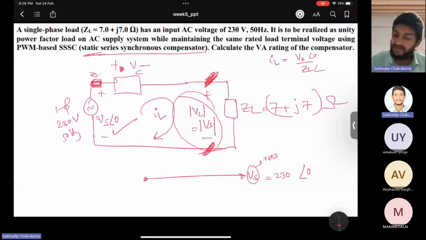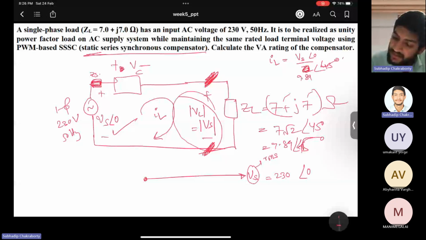Angle 45 degrees, because it is equal amplitude, and this is 7 root 2, which is 9.89. So ZL is 9.89 at angle 45 degrees and voltage is 230. So current is 230 by 9.89, and your angle is minus 45. This is the IL. So how will IL look like?